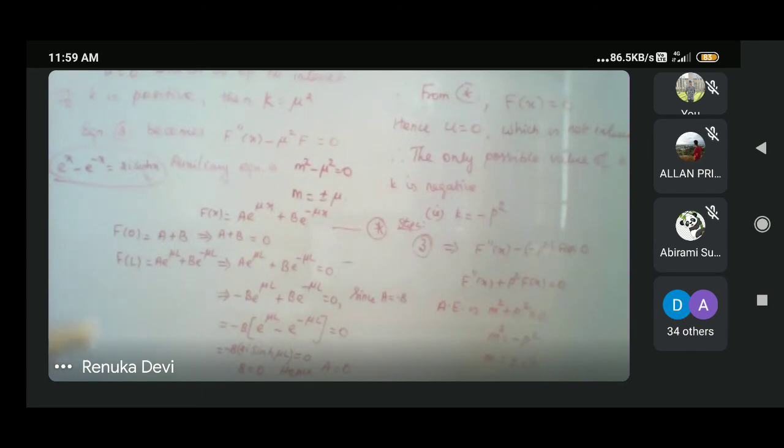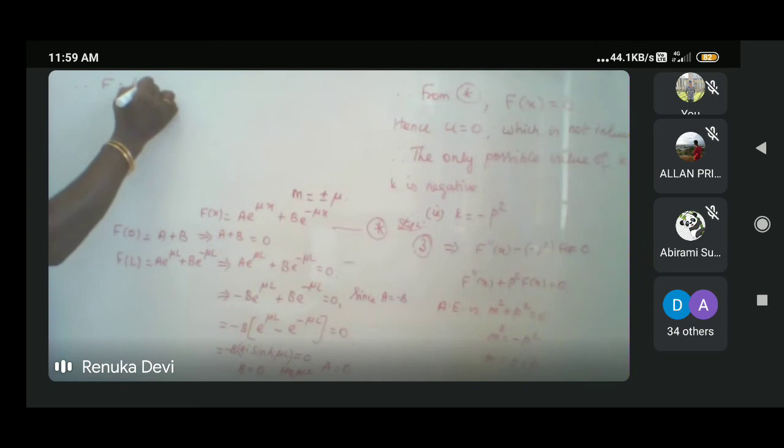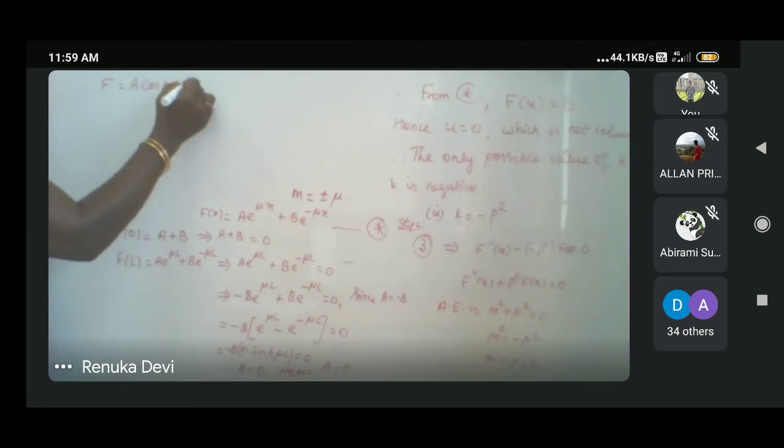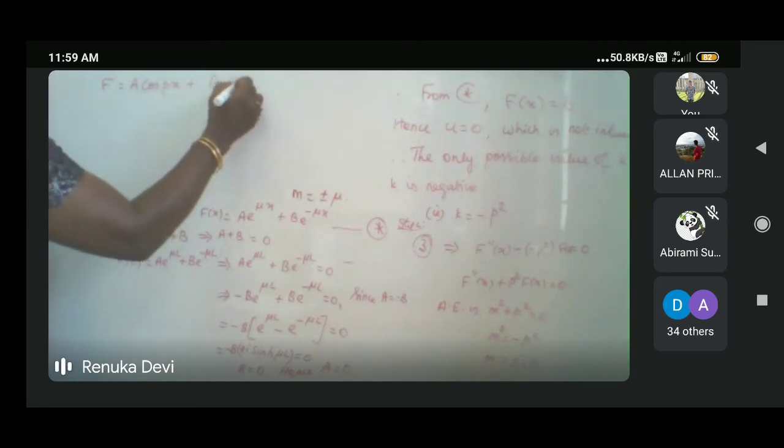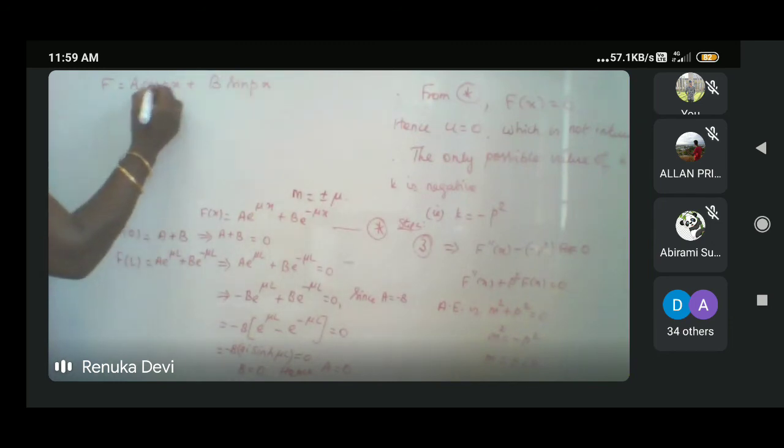Therefore f equals a cos px plus b sin px. If you have any confusion, I take a1 and b1. It's not a problem, it is just a constant.